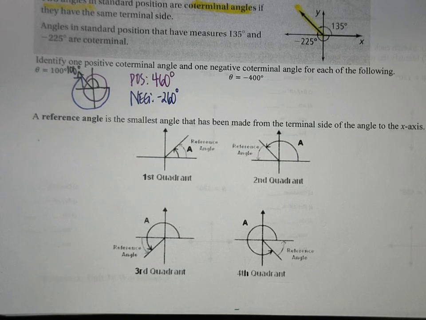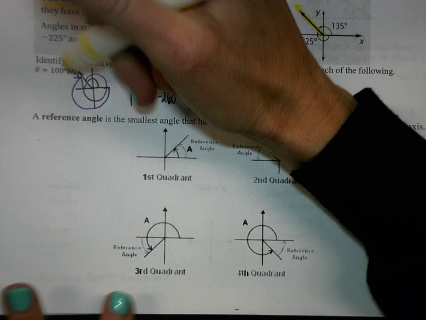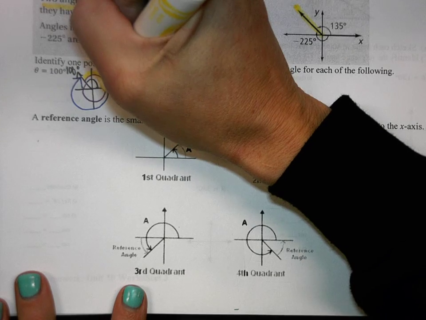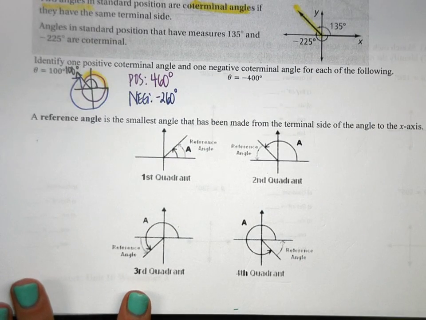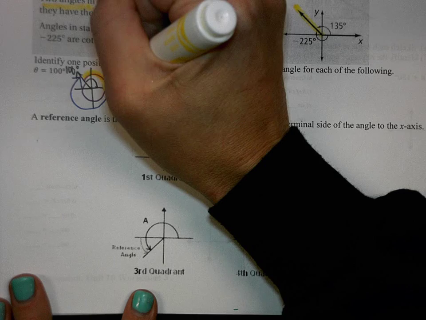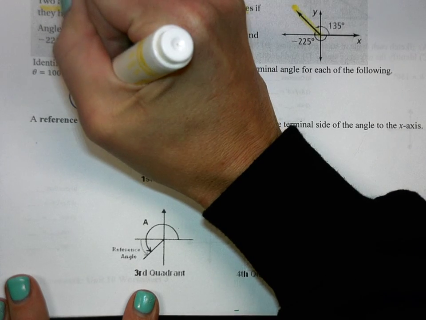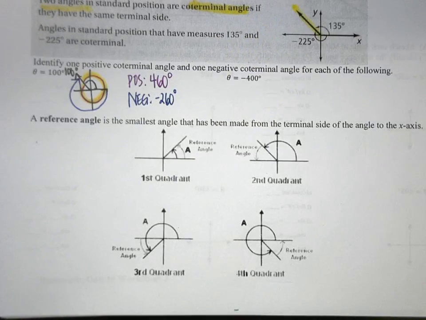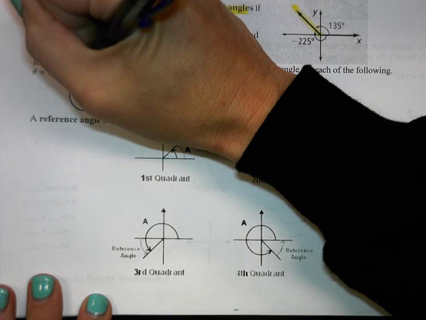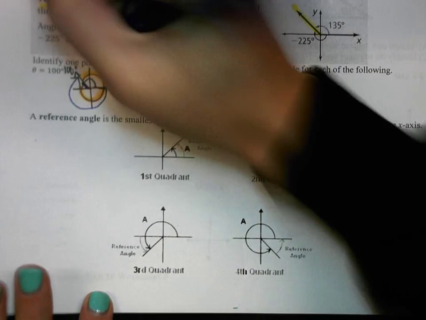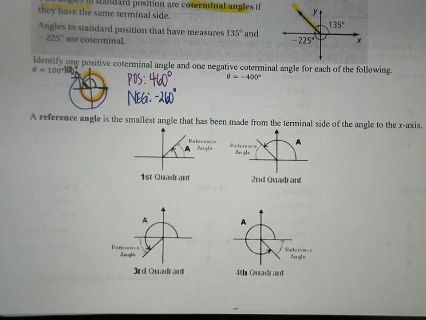If you look at this, I'm trying to give you a visual so this will make sense. We know this part is 100, right? So we're trying to figure out what the part is from here to here. That makes a whole circle. Do you guys agree?